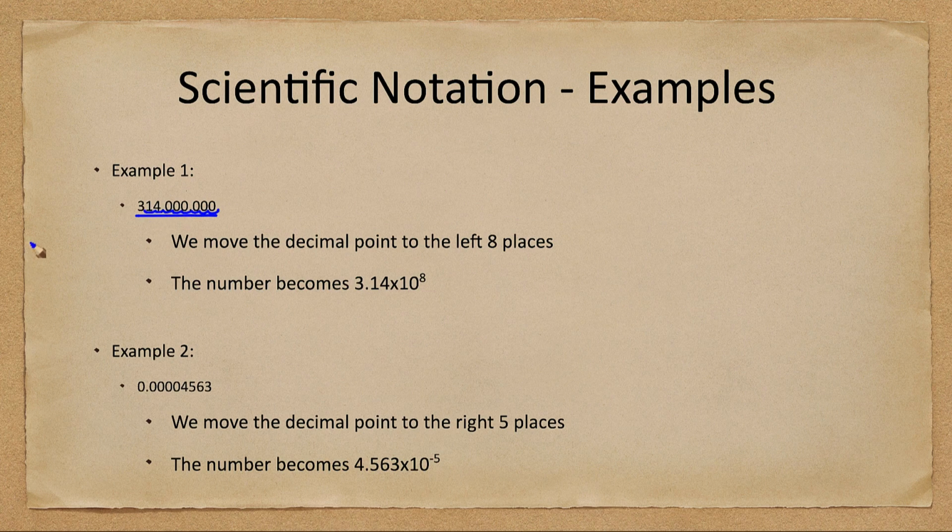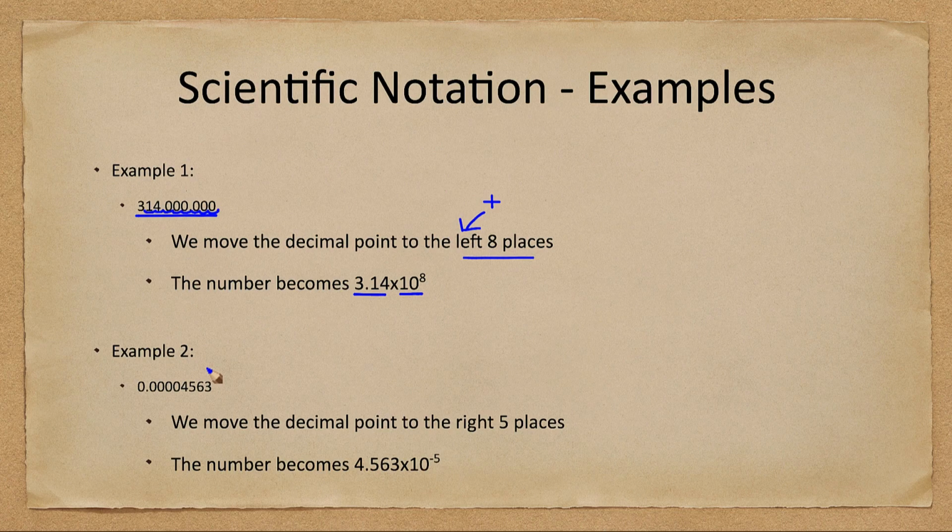And once we've done that, we have moved the decimal point 8 places to the left. Now, because it's left, that means that the exponent will be positive. So it becomes 3.14. We can drop all the rest of those zeros and then times 10 to the 8th power. And that represents all of those zeros that we have just gotten rid of.